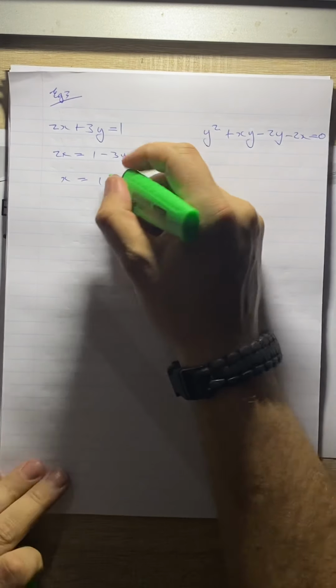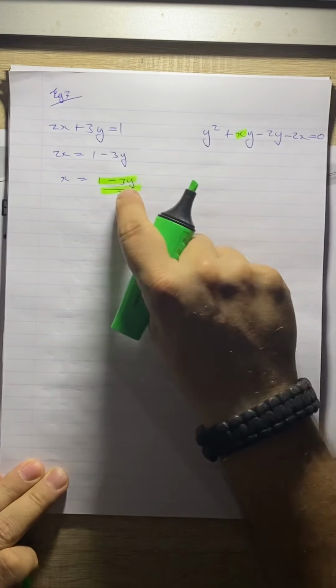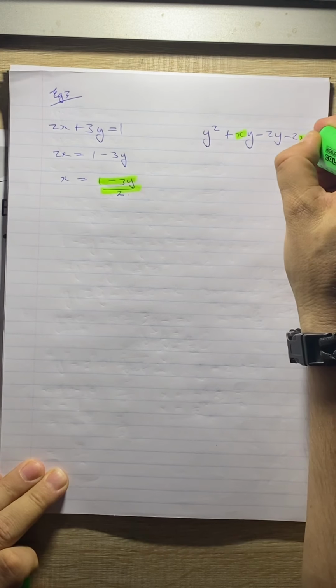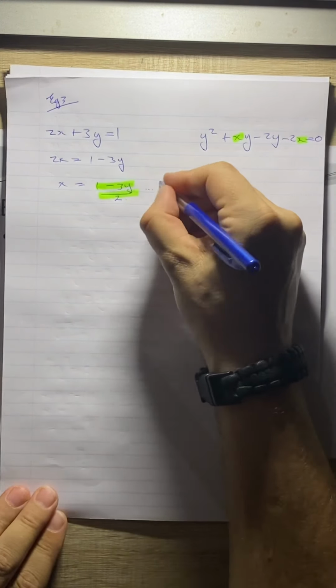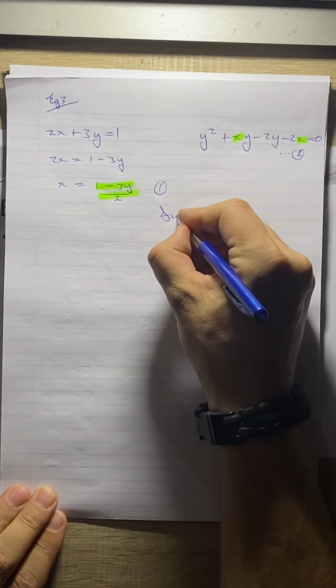So wherever we see an x now in this equation here, we're going to replace it with this (1 minus 3y) over 2. So we just got those two x's there. If I call this equation 1, and I call this one equation 2, then we say sub 1 into 2.